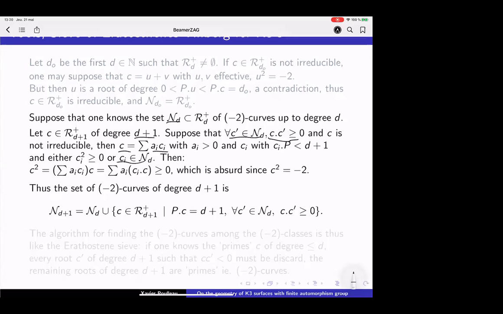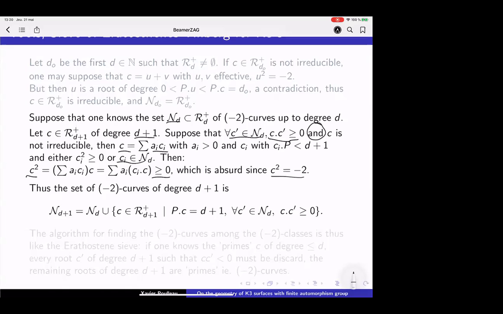But then when you compute the self-intersection number of C, you compute it in two ways. You know that the self-intersection is -2, but with this formula, you get that the self-intersection is positive. So the absurdity came from supposing that C is not irreducible.